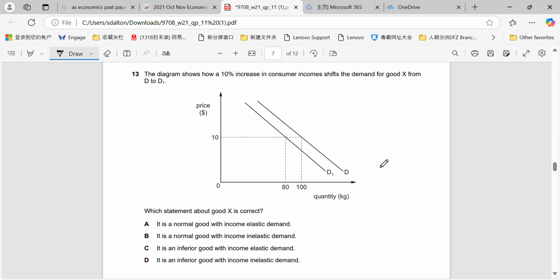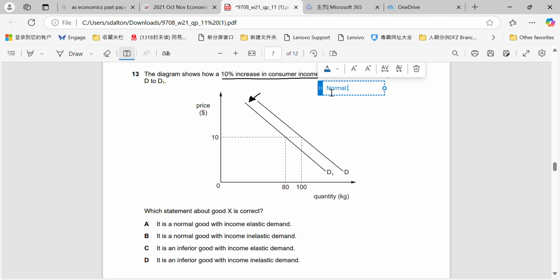Okay, diagram shows how a 10% increase in consumer incomes shifts the demand for good X from D to D1. What statement about good X is correct? So first of all, we can see that the demand curve has moved to the left. If consumer incomes have gone up, we need to remember that there's normal goods and there's inferior goods, right?